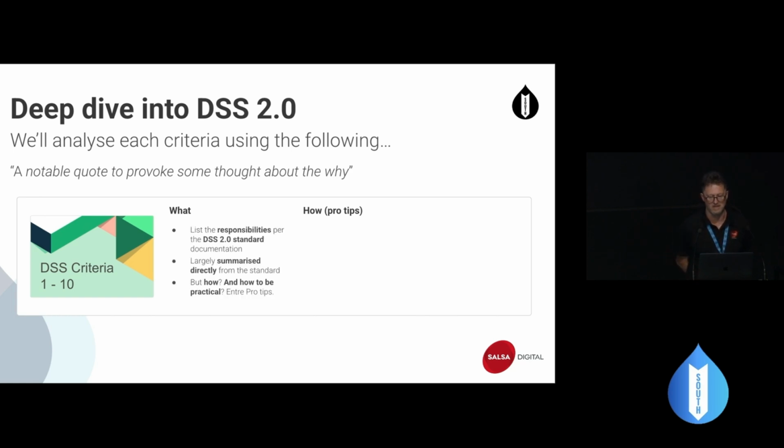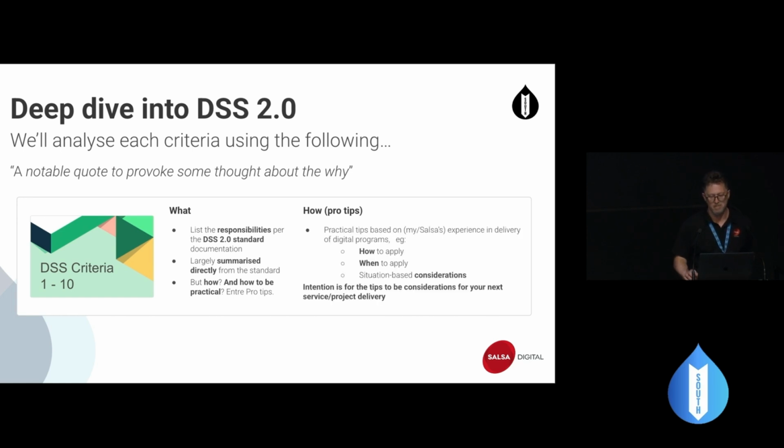The next thing I present is a what section, and this is largely lifted or summarised straight from the standard. While it's informative, I thought the standard itself lacked how to apply the particular criteria or principle. So that's where I've got to the how and pro tips. These how and pro tips are based on mine and Salsa's collective experience in delivering digital services, providing some guidelines for how to apply, when to apply, and other situational considerations, to leave some takeaways for each of the criteria.